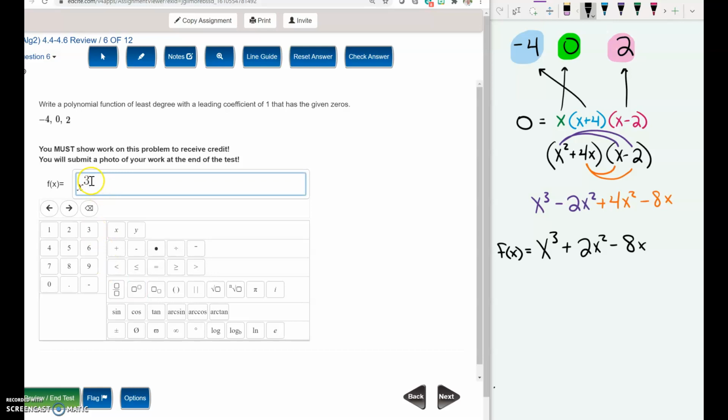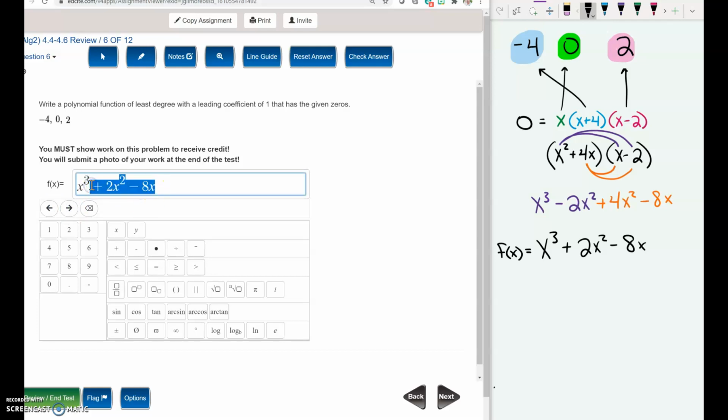The problem is your cursor is now stuck in the exponent, so you need to hit the right arrow to get out of the exponent before you continue with plus 2x, exponent button squared. Again, hit the right arrow to get out of the exponent before you write in your minus 8x. So that's really important, is that your cursor gets stuck in that exponent and you need to hit the right arrow to move down out of your exponent before you continue.